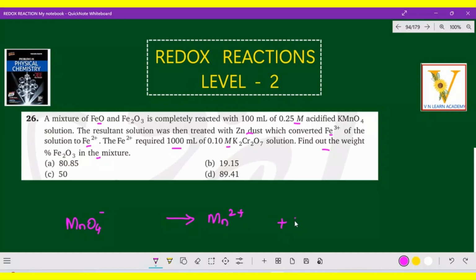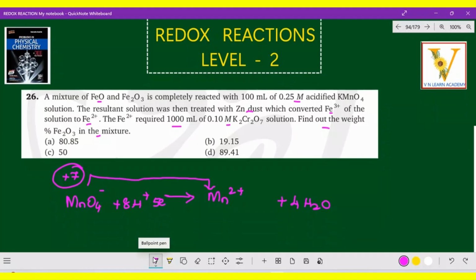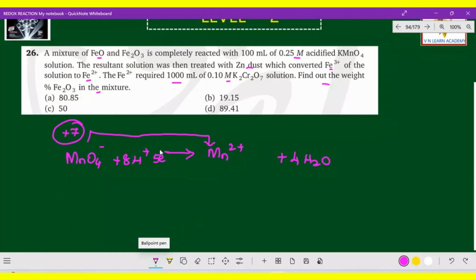That many water molecules. How many hydrogens are there? That many H+ ions. How many electrons are exchanged? Here Mn is +7, and here it is +2. So 5 electrons are exchanged. So the n factor is 5 electrons.